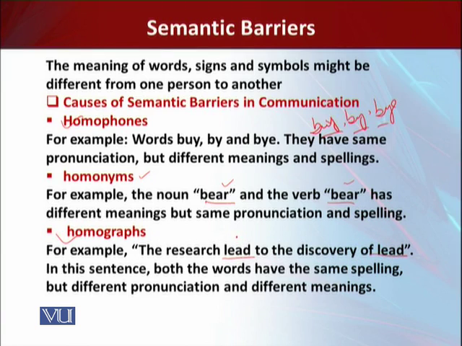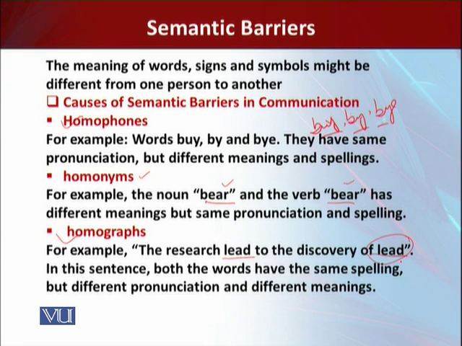This is basically a verb and this is a noun. And they are spelled the same, but they are pronounced differently. So when you look at it, if you do not have the knowledge about these two forms, then the danger is that one will have the incorrect interpretation of the meaning.